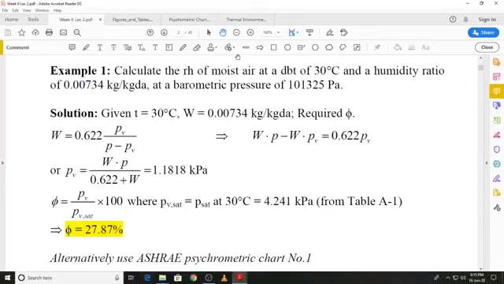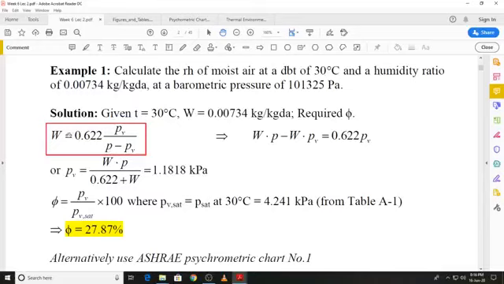And you start with the equation that we had arrived at earlier in the previous class, that is W is equal to 0.622 times PV upon P minus PV. All we have to do is just rearrange this equation such that we can find the value of PV in terms of the known parameters, that is humidity ratio and barometric pressure.